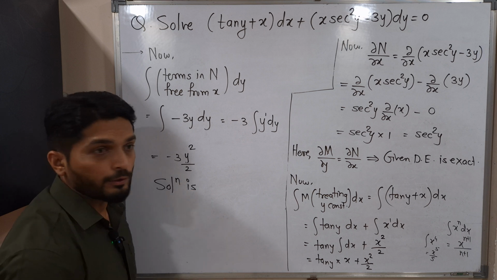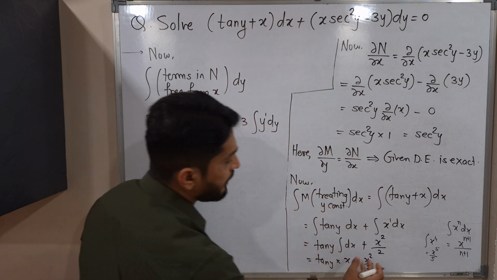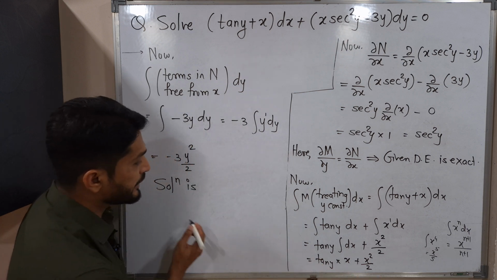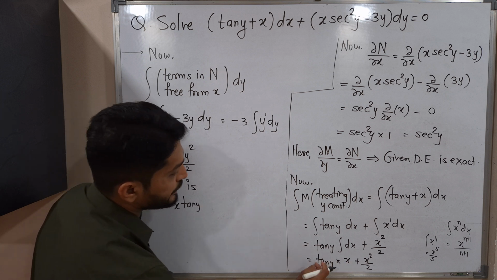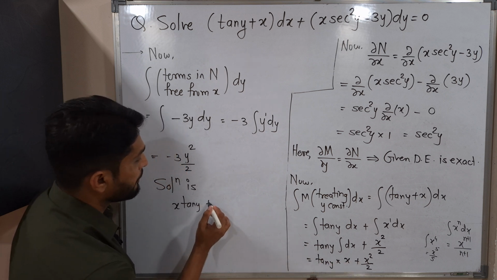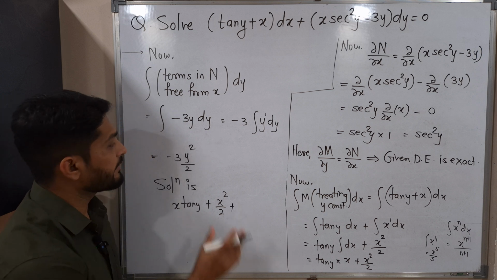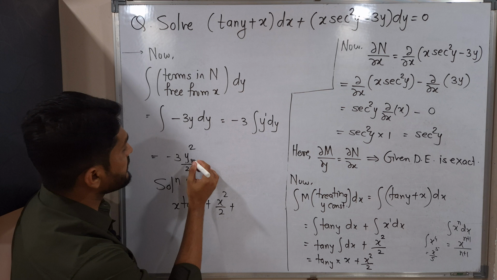So the solution is, what we do, we add these two integrations. We have already found the values of the integrations, so I will write the solution: the value of the first integration, x tan y, simply I am writing x first, multiplication is there, plus x square by 2, plus now we will write the value of the second integration, minus 3y square by 2.